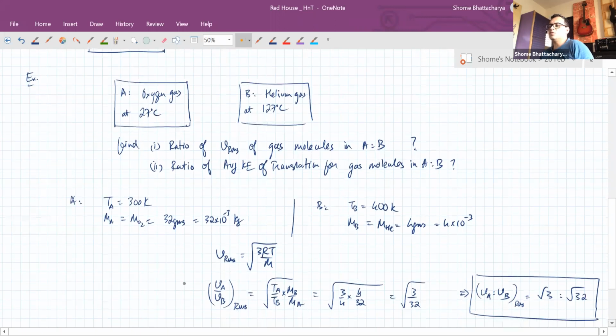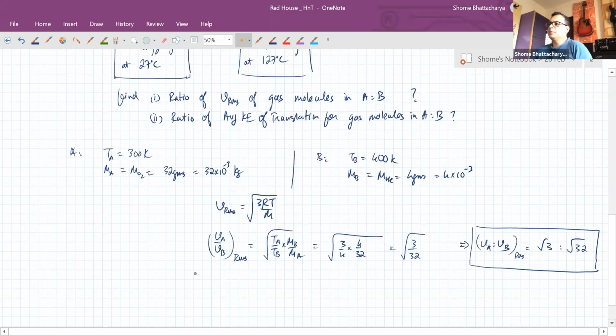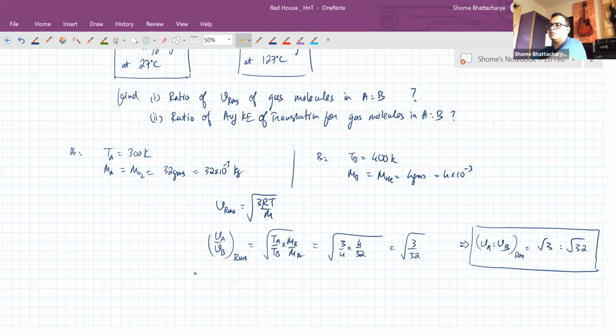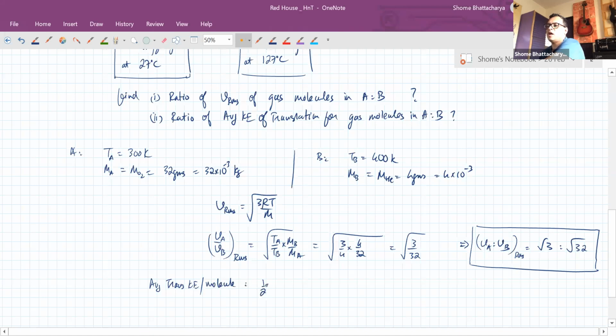So it's just a very simple conceptual thing that, when you are comparing RMS speed of two gases, the important thing is the temperatures and the molecular mass or the molar mass. Whereas when you are looking at average translational kinetic energy per molecule, basically you're looking at half m v RMS square. So that is just 3 by 2 kT.